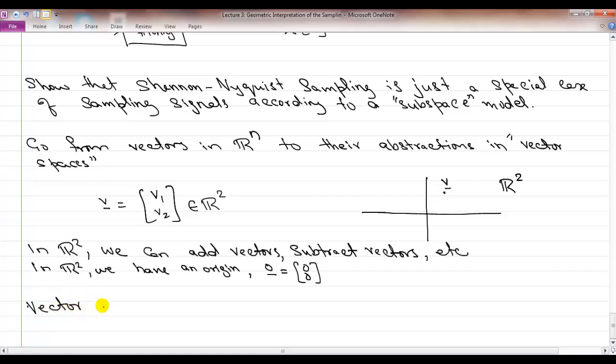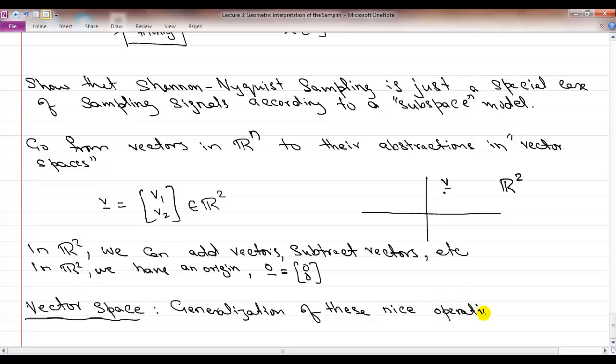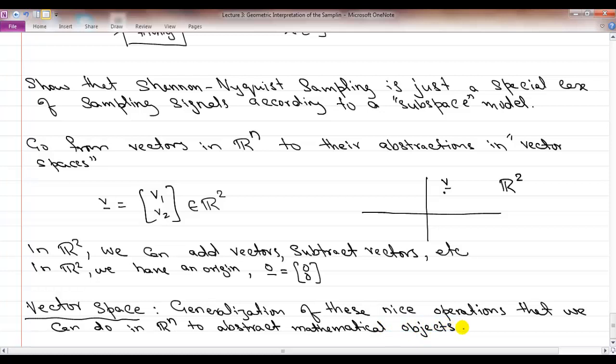I'll just say the following. A vector space is a generalization of these nice operations that we can do in n-dimensional Euclidean spaces to abstract mathematical objects.